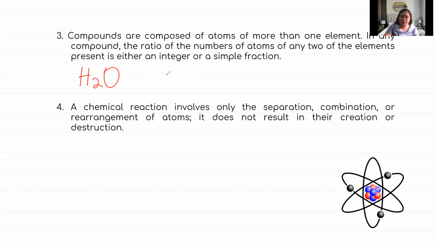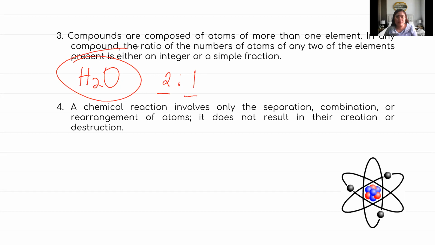But this time for water, it needs two atoms of hydrogen and one atom of oxygen. That's the ratio for us to make the compound water.